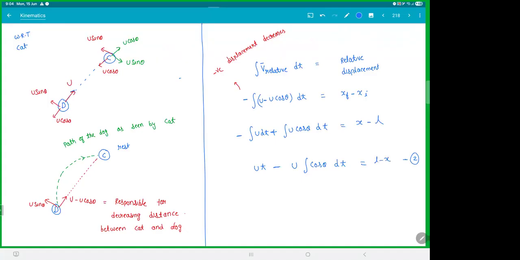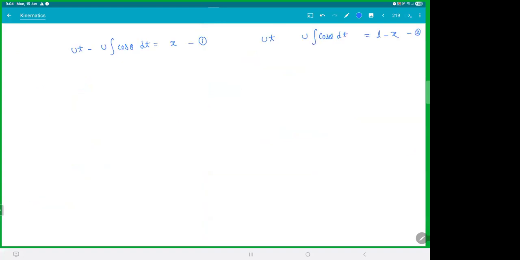Yeah, L minus x. This was minus. Perfect. Okay. So take this and substitute there. So take this guy and substitute here. So this would be u into integral cos theta dt is ut minus x. So take this and substitute here. This will be ut minus ut.